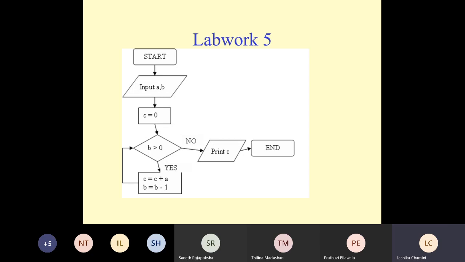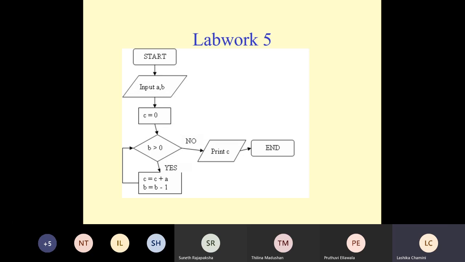from the value of B. Then we go back to the loop, and if the value of B is greater than 0, we loop again. If you think logically, this loop is going to loop B times.